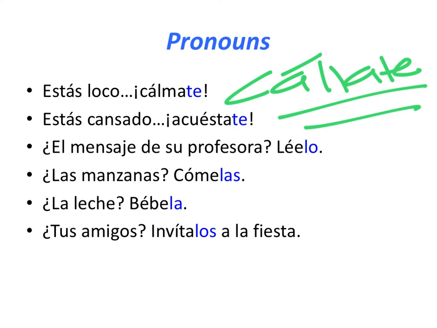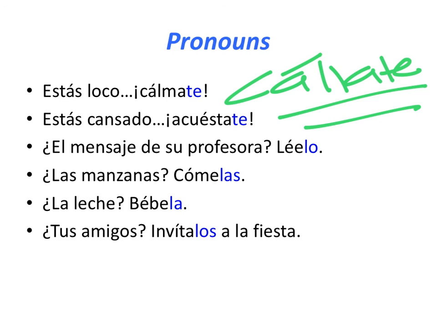Acuéstate. Léelo. Cómelas. Bébela. Invítalos. So with affirmative commands, and we learned this last fall, the pronoun goes where in relationship to the command? After it, attached to it. And when you attach a pronoun to a command that has two or more syllables, you have to add an accent mark. Cállate, cálmate, invítalos, acuéstate.